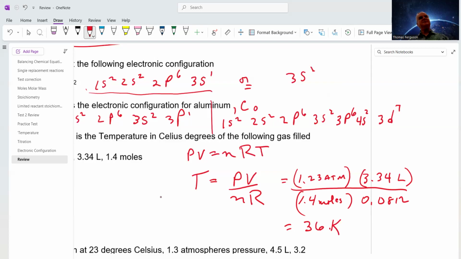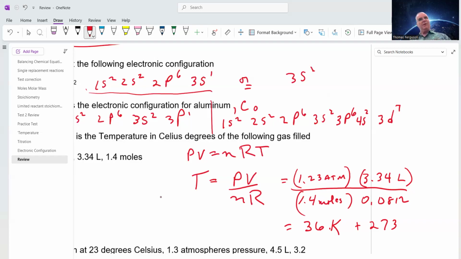Okay, we need Celsius from Kelvin. Which is higher, Celsius or Kelvin? Kelvin, the number, because remember, Celsius is always 273 below Kelvin, so we need to add 273. 273, not 237.